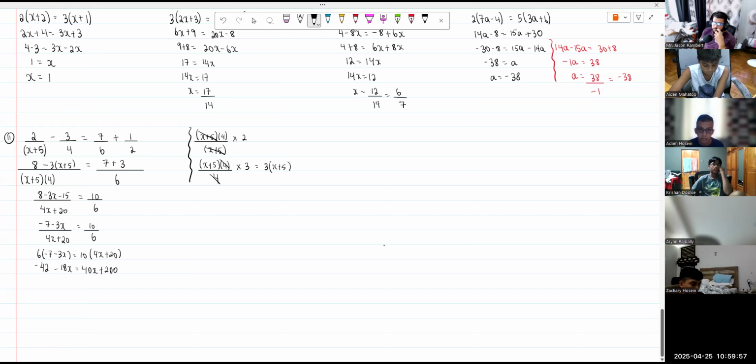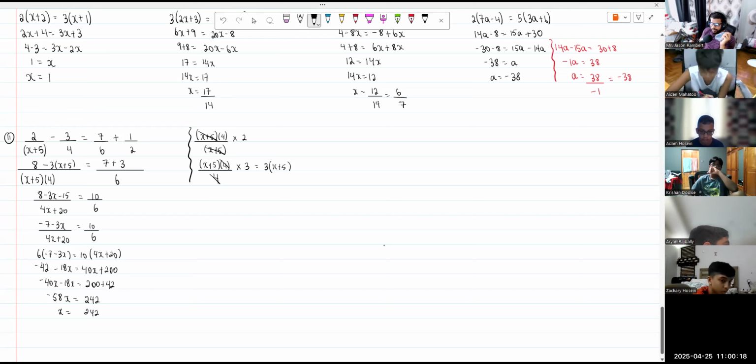I will bring the 200, and let me move the 40x on that side. So I'll get minus 40x minus 18x is 200 plus 42. Minus 58x is equal to 242, and x is 242 divided by negative 58, and this could be broken down.